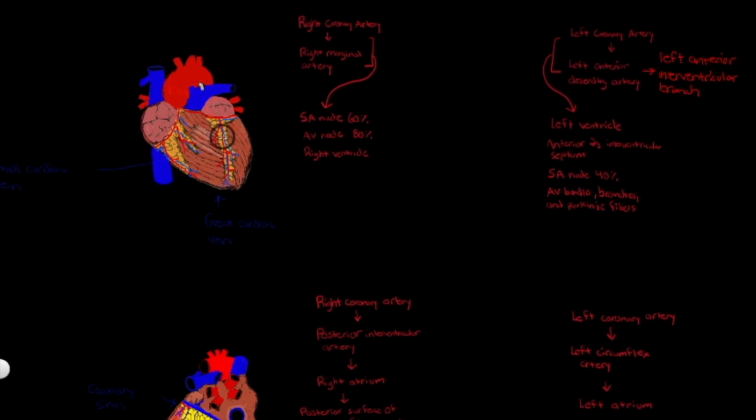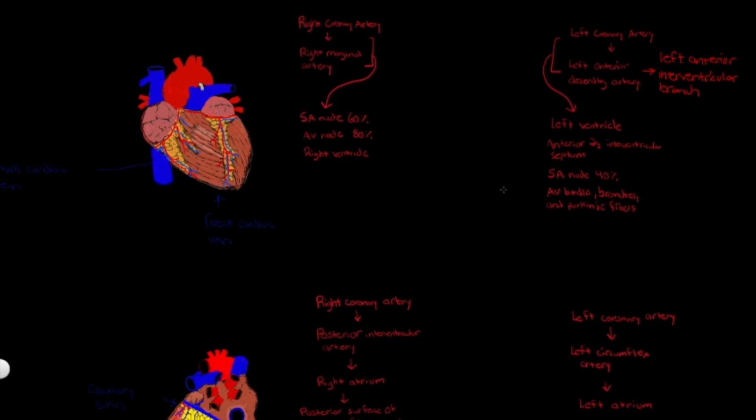It also has another name, the left anterior interventricular branch, but I'm going to refer to it as the left anterior descending artery. So the left anterior descending artery, again, supplies the anterior 2/3 of the interventricular septum.